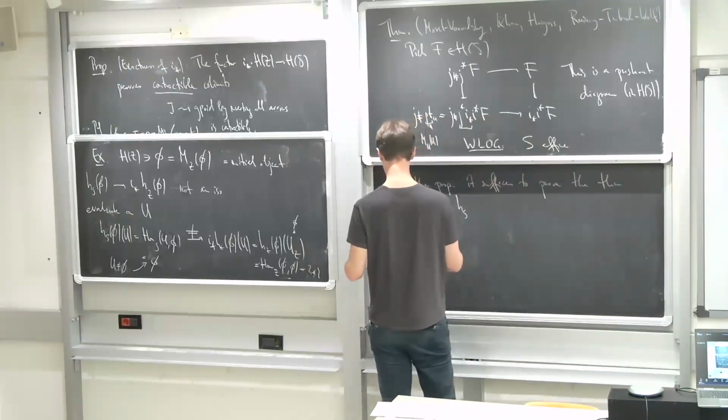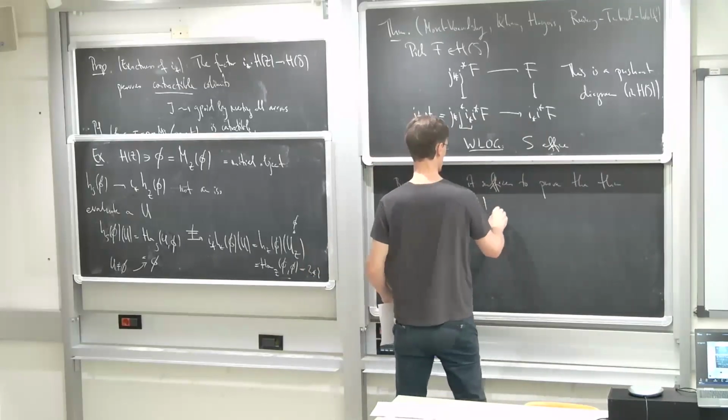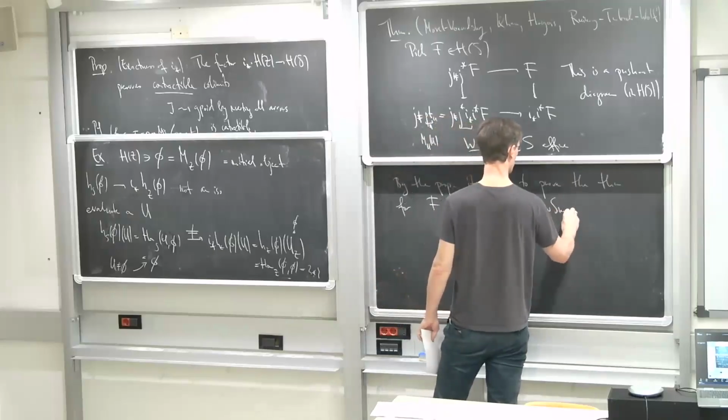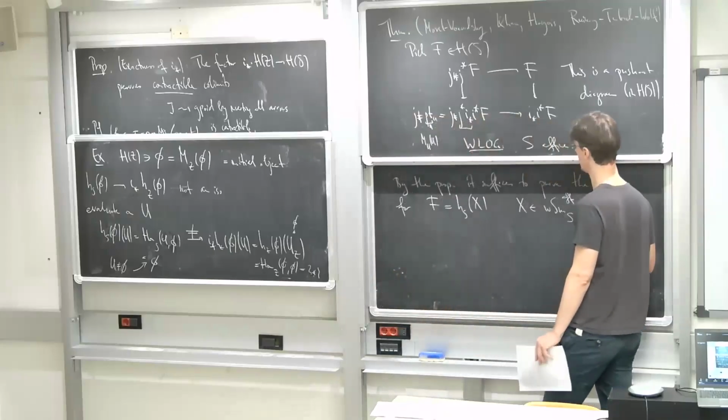H as of, what's my notation here? H as of X, for X being a weakly smooth scheme over S. Okay, why is that enough?